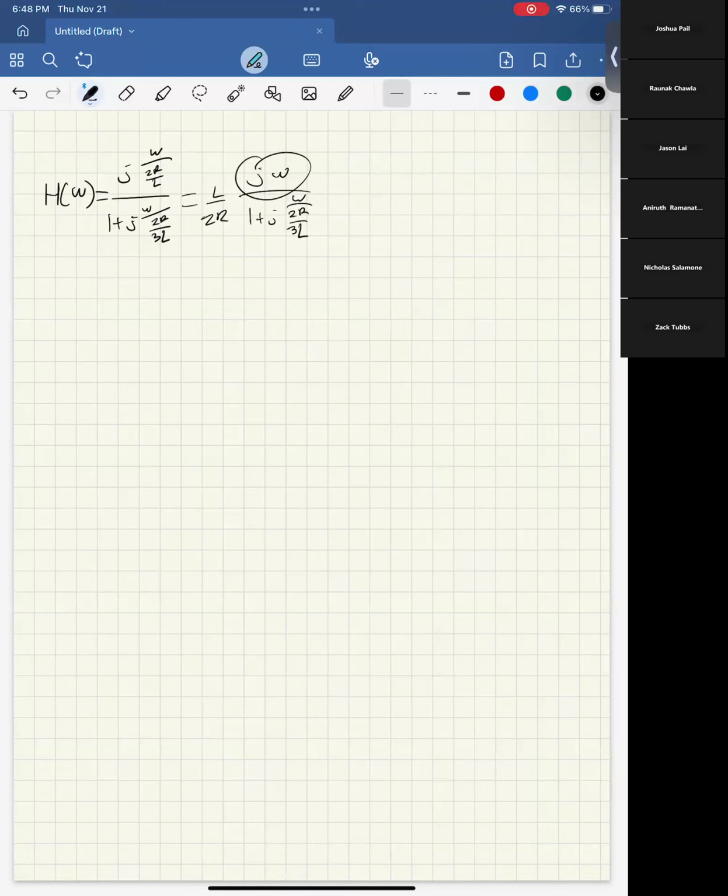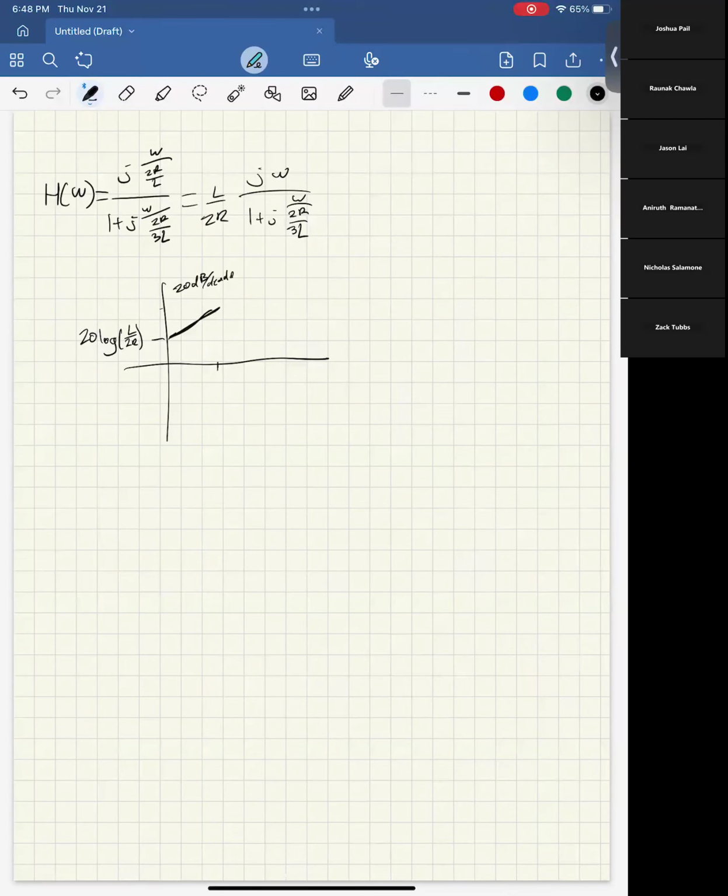The j omega terms always stand on their own, and like I said earlier, you always factor out that constant. So this would be starting at whatever 20 log of L over 2R is, and then going up at a slope of 20 decibels per decade, which is 20 decibels every factor of 10.